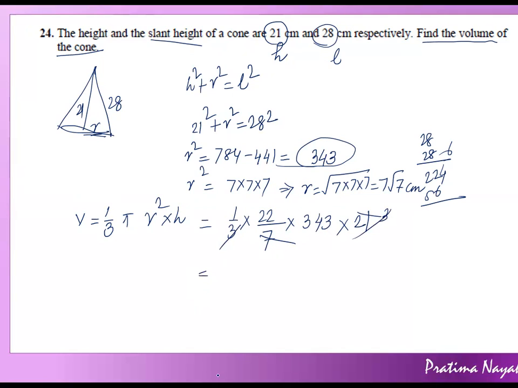Now you just multiply to find the volume. 7546 centimeter cube. Write it down, don't forget to write your unit.